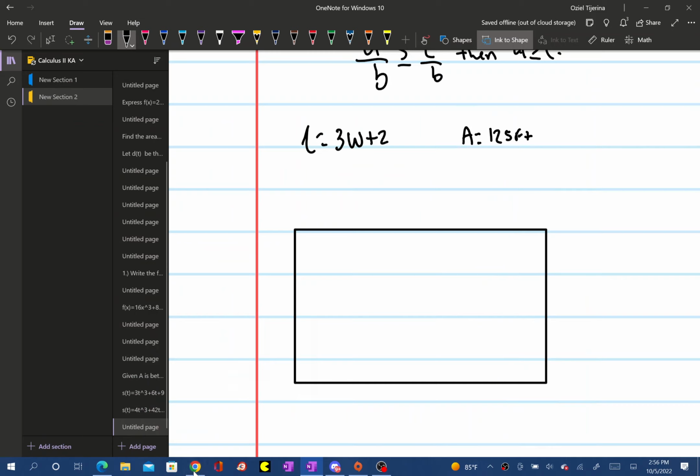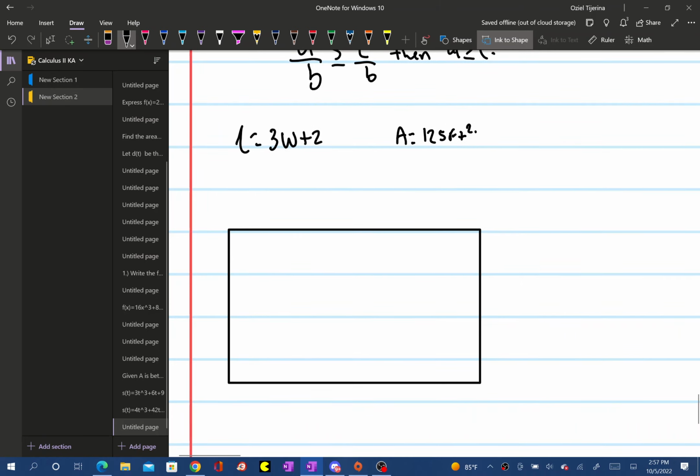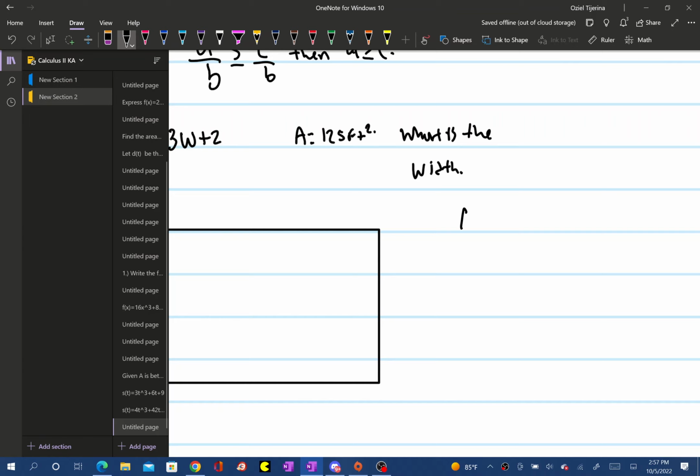And then it says that if the area is 125 feet squared, then what is the width? Now you have to be careful. We obviously know that area is length times width, right?